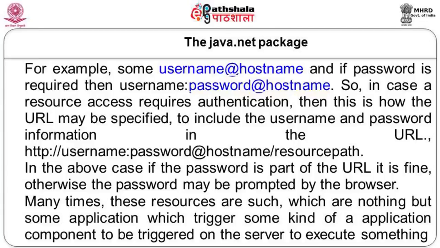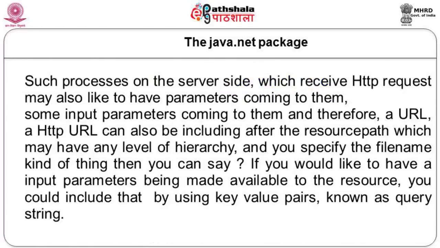Such processes on the server side which receive an HTTP request may also like to have some input parameters coming to them, and therefore an HTTP URL can also include, after the resource path, some kind of a path slash, with any level of hierarchy, slash, various levels may be created, and you specify a file name kind of a thing, and then you can say question mark if you would like to have input parameters made available to that resource.